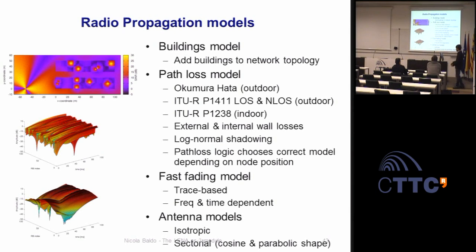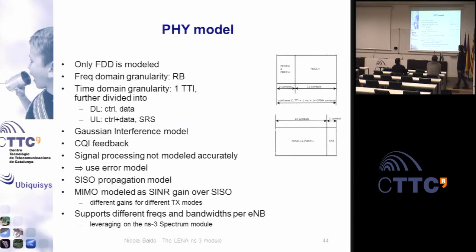Physical layer model: one big assumption is that the model is for FDD only. We do not currently support TDD. In the frequency domain, the granularity of the model, the representation of a signal, is the resource block, and in the time domain we have the TTI. Furthermore, in the time domain we divide one TTI into two parts. The two parts are different for downlink and uplink.